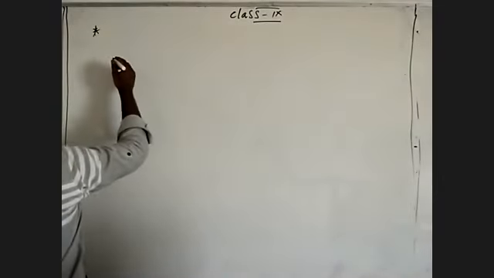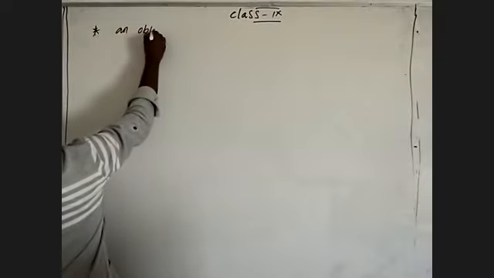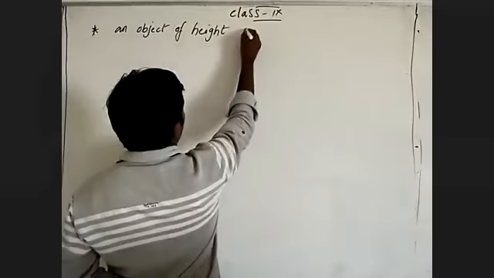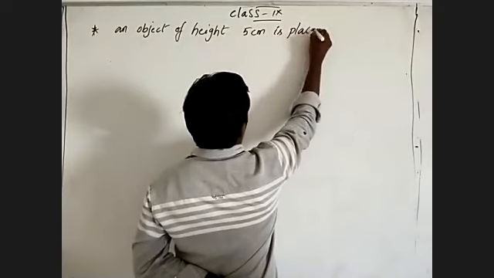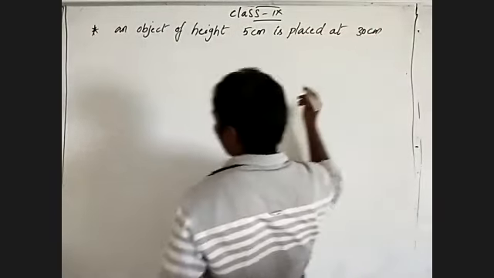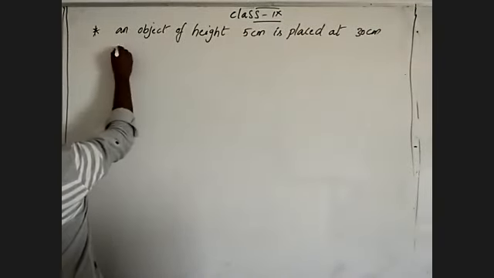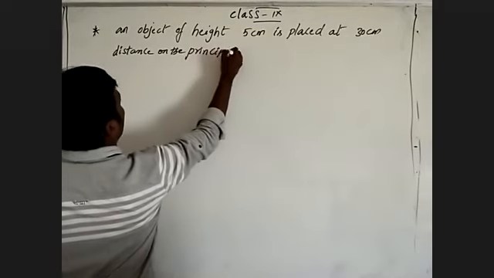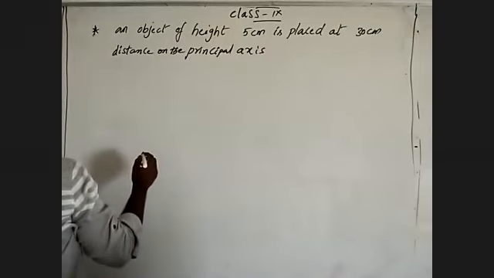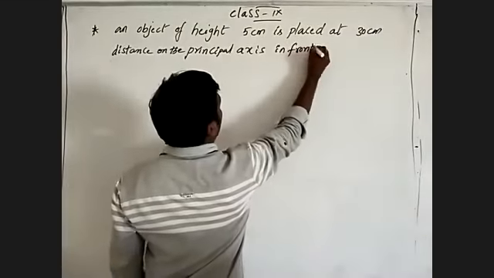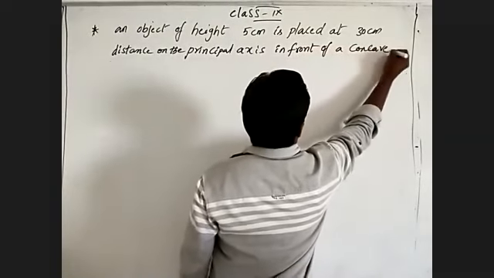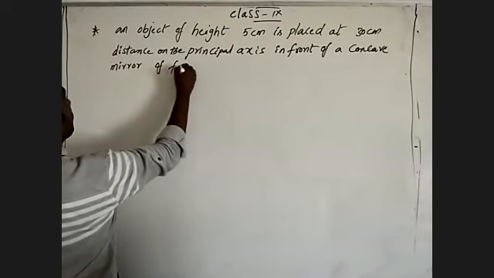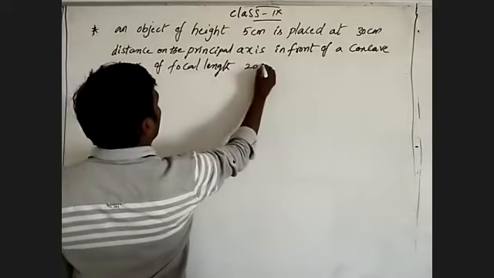What I'm writing to you: an object of height 5 centimeter is placed at 30 centimeter distance on the principal axis in front of a concave mirror of focal length 20 centimeter.